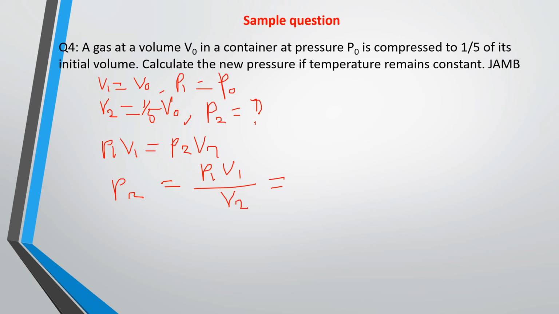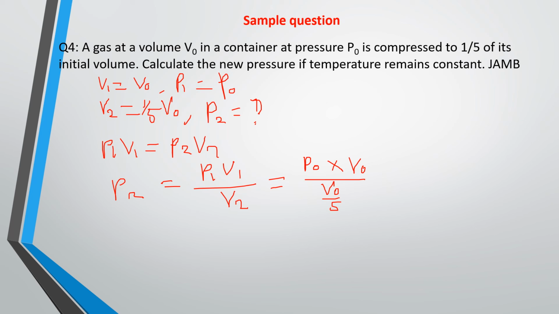So substitute all the information you have into this equation. You are going to have that P1 is P0 multiplied by V0 all over V2, which is equal to V0 all over 5.